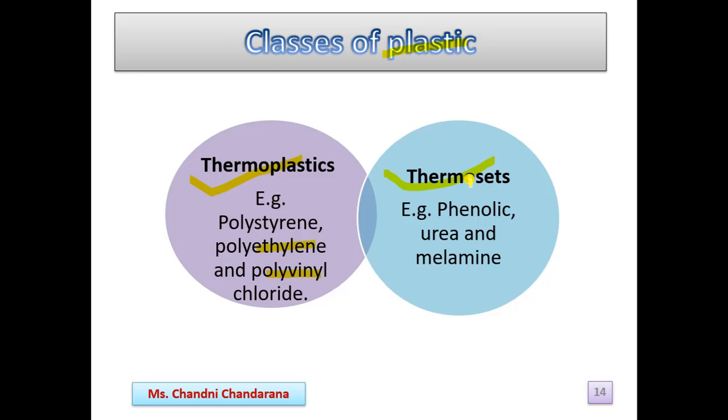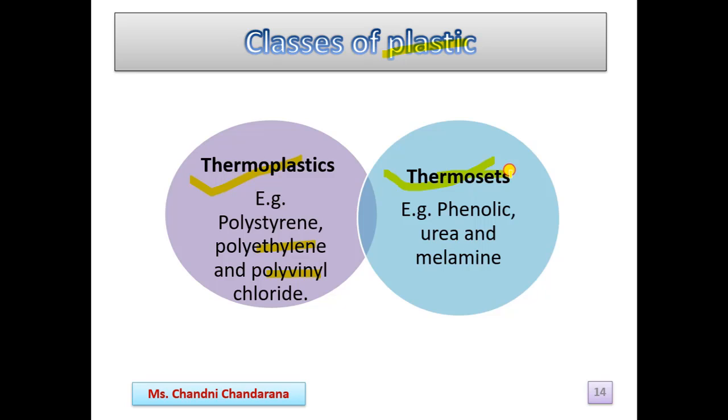Now what is thermosets? Thermosets need heat for processing into a permanent shape. During heating, this kind of material forms permanent cross links between the linear chains, resulting in solidification and loss of plastic flow.